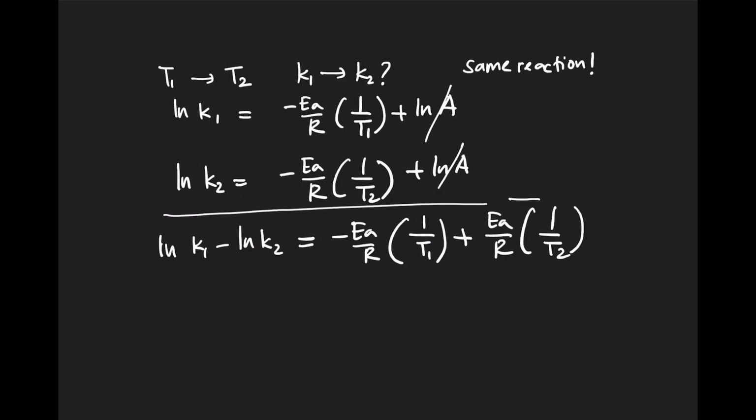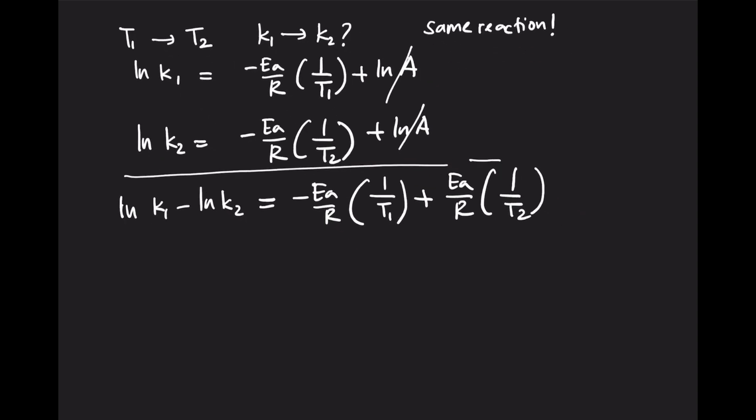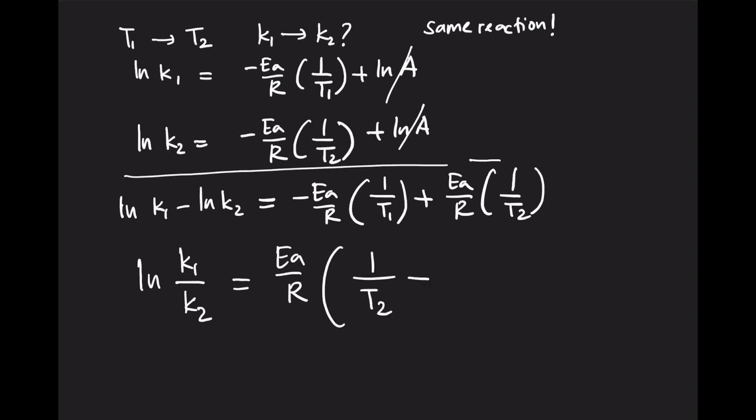Then we can further simplify this equation to become ln k1 divided by k2. Don't forget your math lessons. If we take out the Ea over R, we will get 1 over T2 minus 1 over T1. So this is the final equation that we can use. If we change the temperature from T1 to T2, we can then calculate k2 if we know k1, and vice versa.